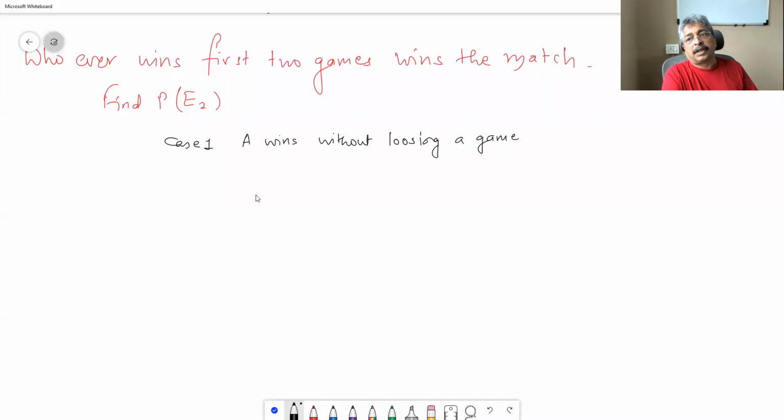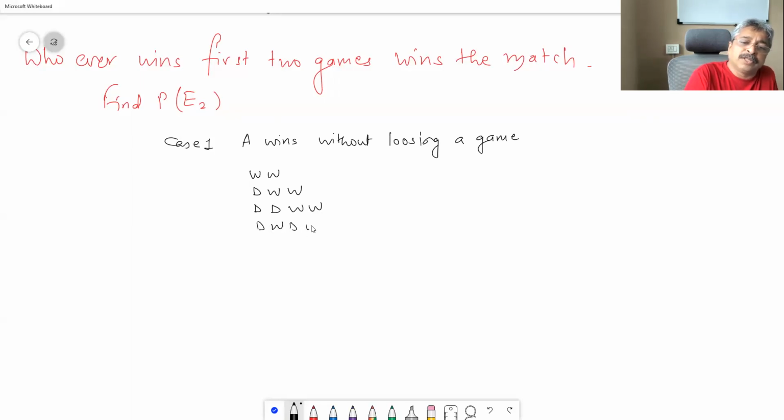So suppose A wins without losing a game, a sub case of that could be win-win in the first two, or draw, win, win, or it could be draw, win, something like this.